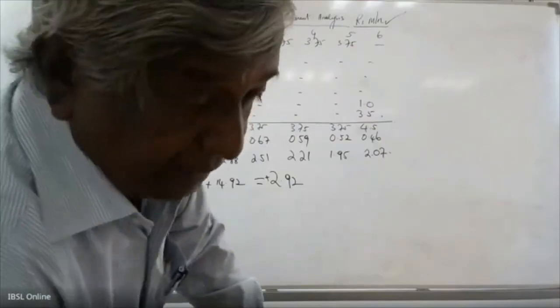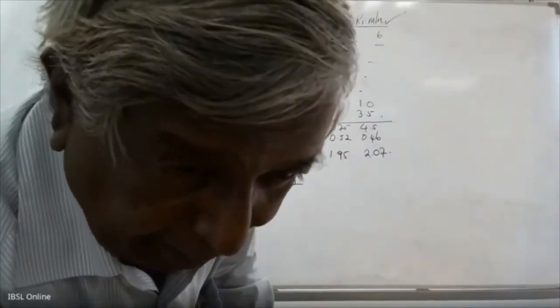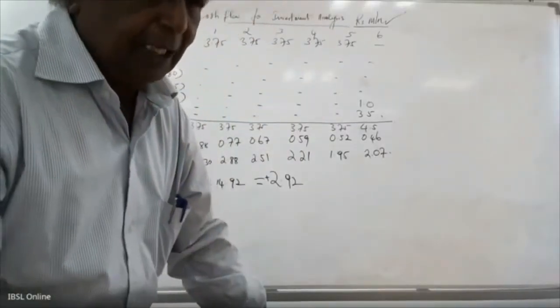Sir, you have that 3.5 million in the 6th year as a working capital recovery. You are referring to the working capital? Yes, sir. Okay, I'll come to it.